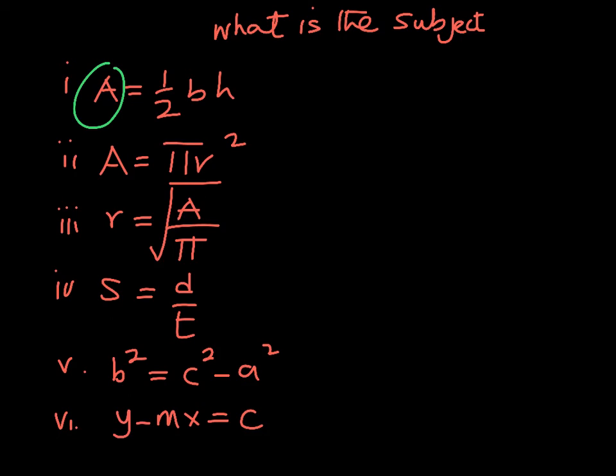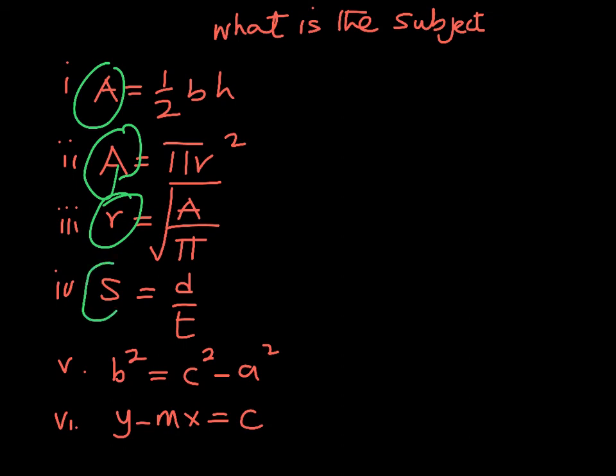Okay. What about the second example? A is equal to pi r squared. So here we also see that the area is the subject of the formula. And the next one, we see that the radius, which is r, is the subject of the formula. Okay, next one, speed is equal to distance over time.